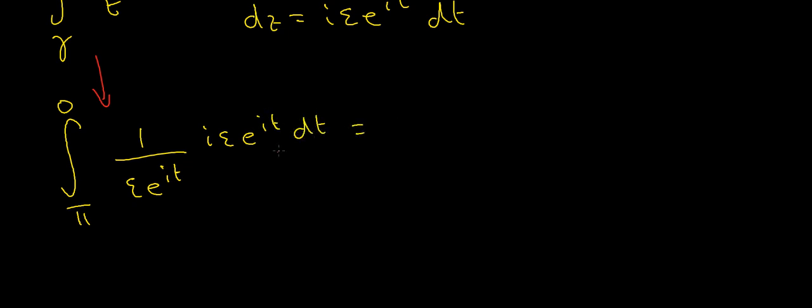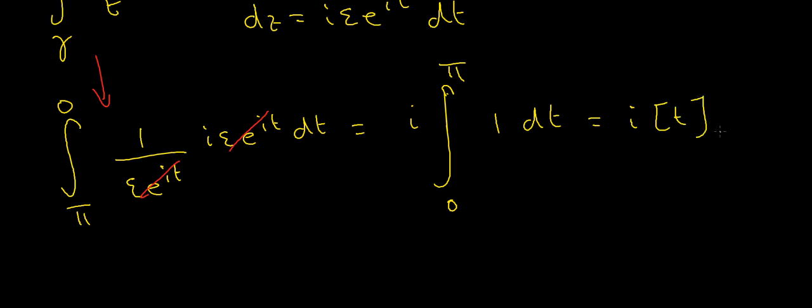And I can just cancel the factor of epsilon e to the it here, and here, and that's going to give me i times the integral from 0 to pi of 1 dt, and that's just going to be pi, or i times pi.